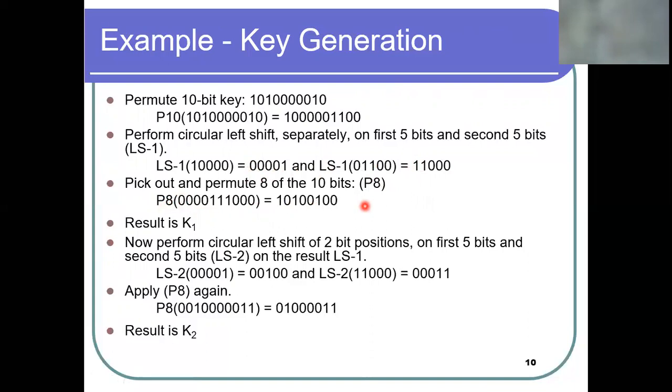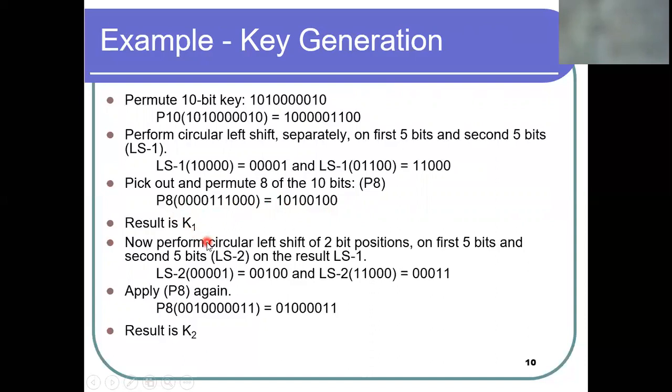P8 is a function from Z2^10 to Z2^8. So it maps 10-tuples onto 8-tuples. And as a vector space we can say P8 converts a 10-dimensional vector space over the binary field into an 8-dimensional vector space over the binary field Z2. So ultimately we will get K1. This is the element that we will get after applying P8 on this 10-bit input. This is the first sub key, and we'll call it K1.